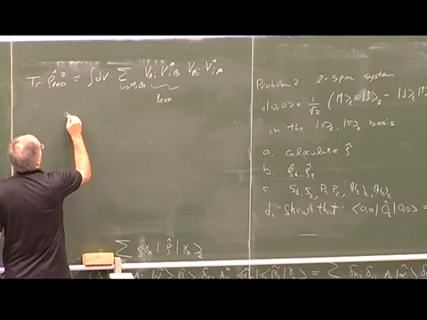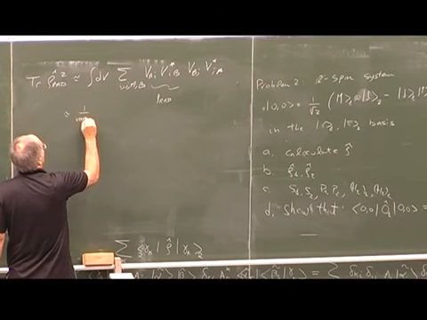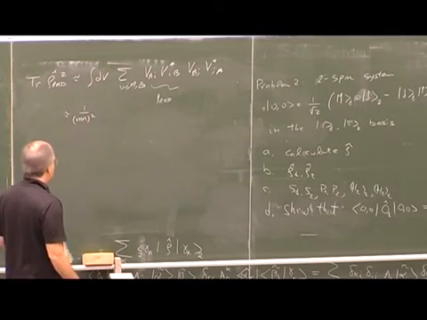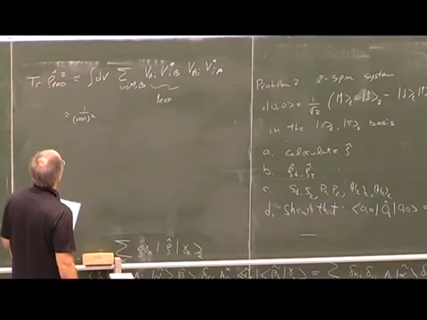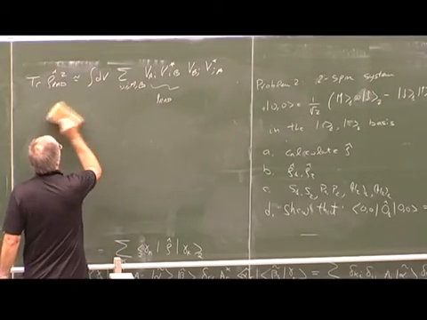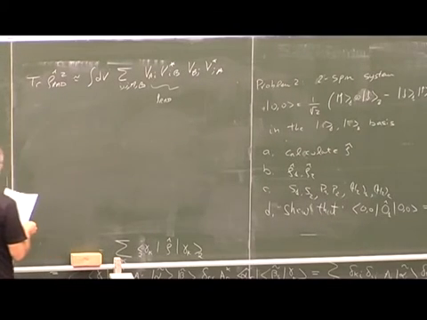So this is equal to 1 over (MN) squared. I didn't tell you yet how to evaluate this.